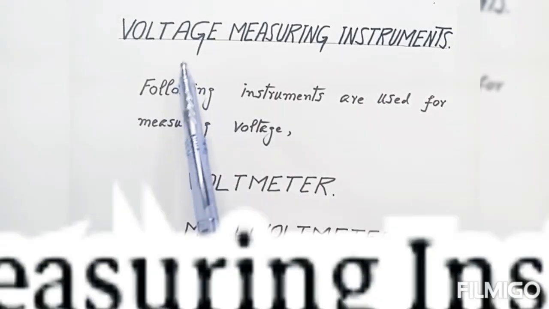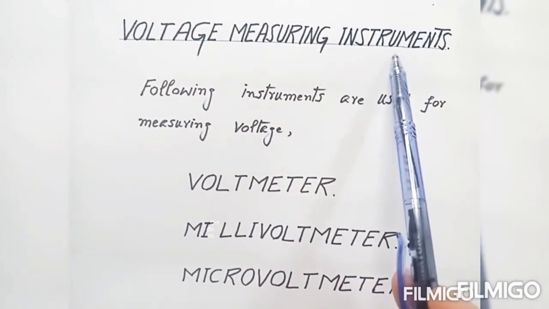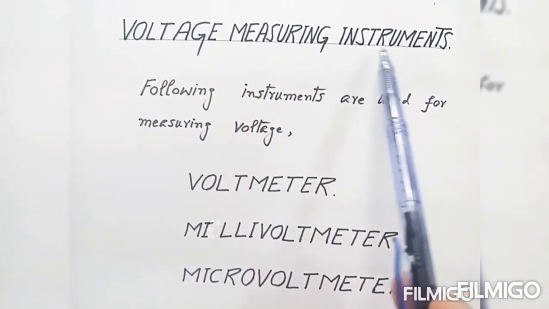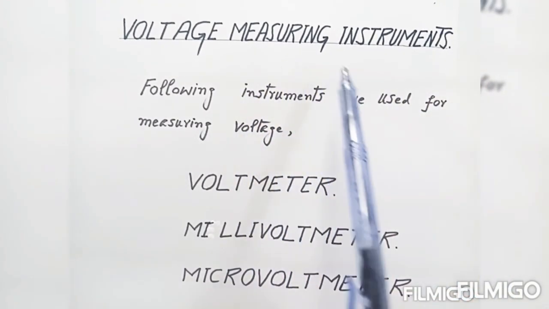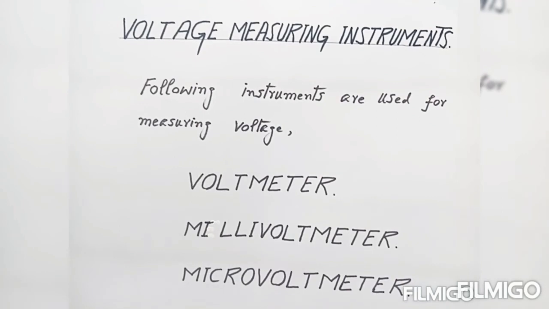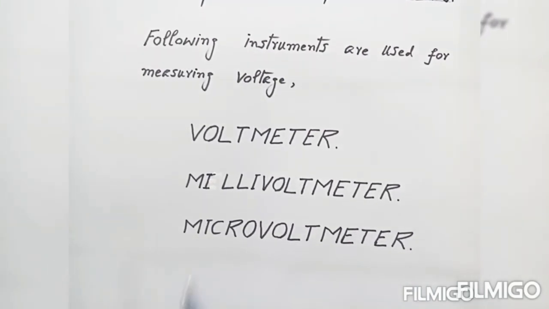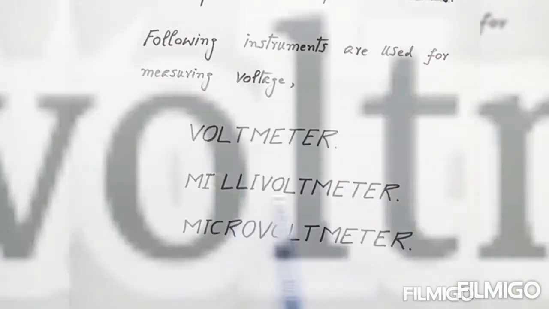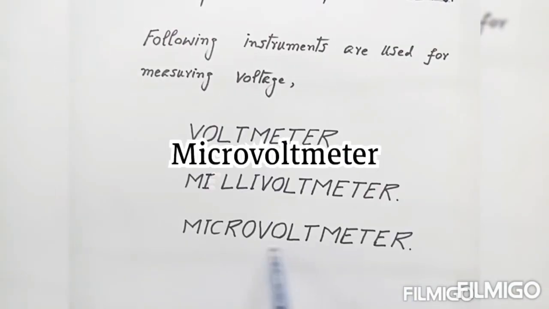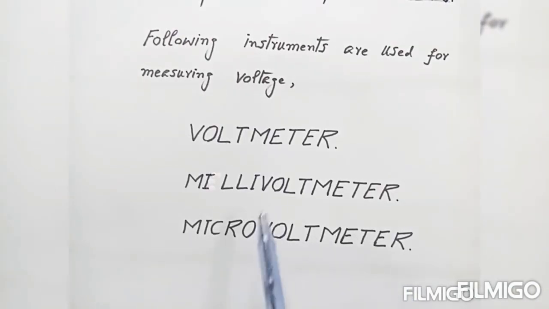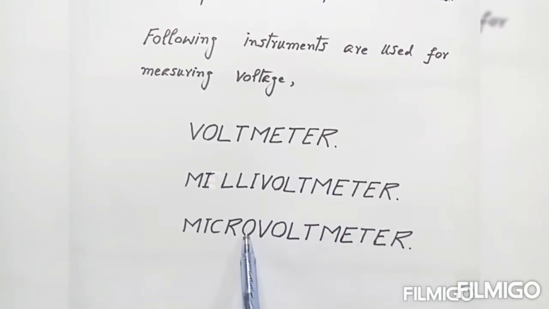Next we are going to discuss the voltage measuring instruments. These are the instruments which are used for measuring voltage. For example, voltmeter, millivoltmeter, and microvoltmeter. Now there are voltages of two types, that is AC voltage and DC voltage.